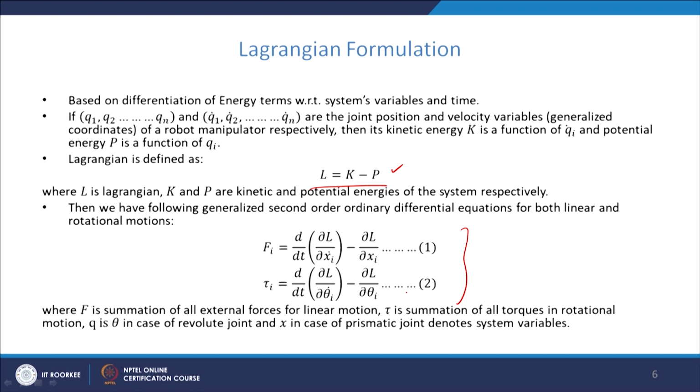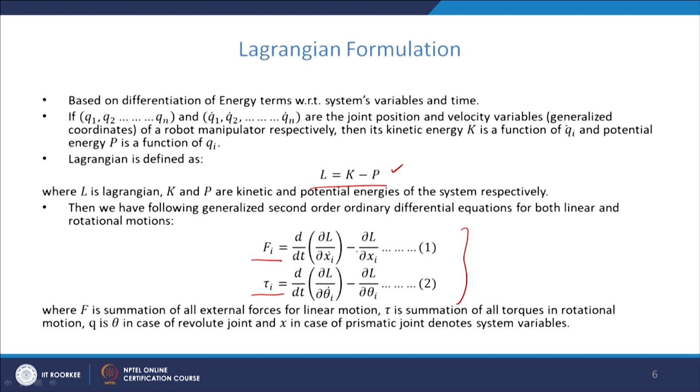So, if a joint is a prismatic joint, then force is applied at that particular joint, that is Fi, and if a joint is a revolute one, the torque is applied at the joint.